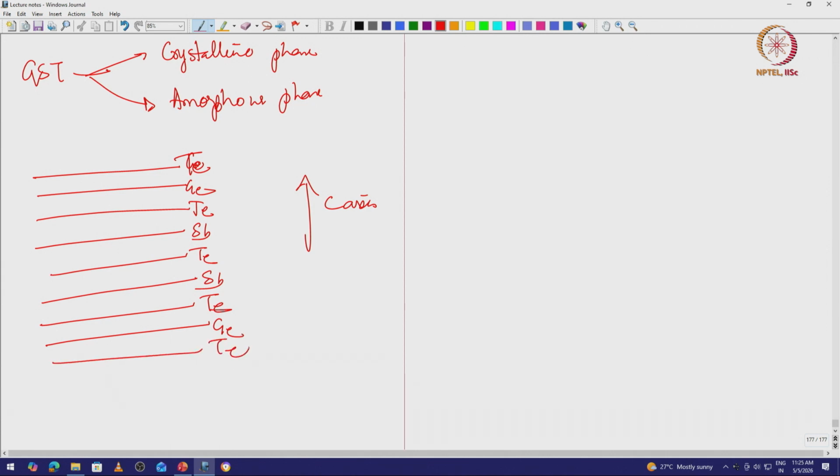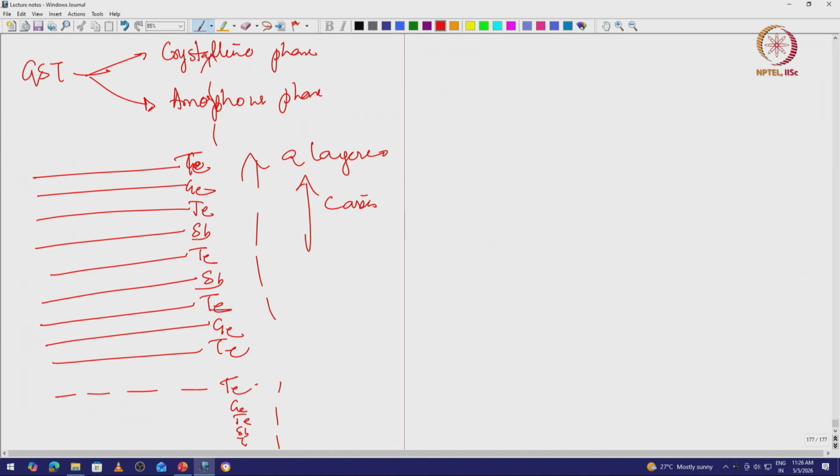So this is a 9-layered compound, and then the second 9 layers start with tellurium again, and the same stack continues.